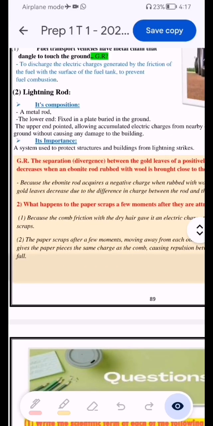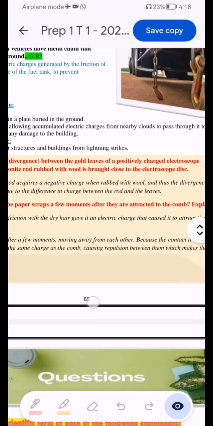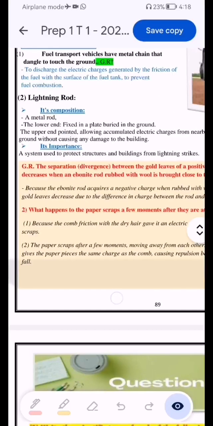Number two, lightning rod. It's a metal rod. The lower end is fixed in a plate poured in the ground, and the upper part is pointed, allowing accumulated electric charges from nearby clouds to discharge, or pass through it to the ground without causing any damage to the building.